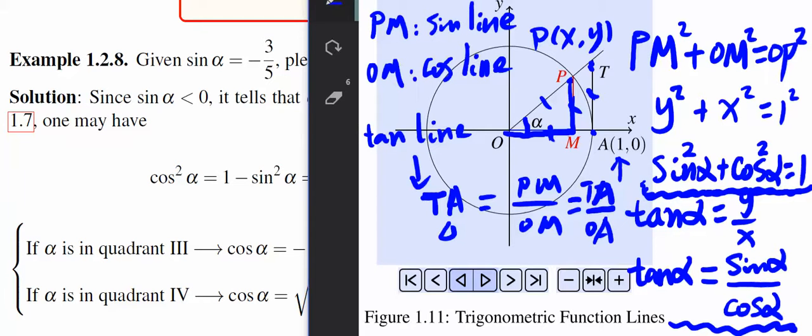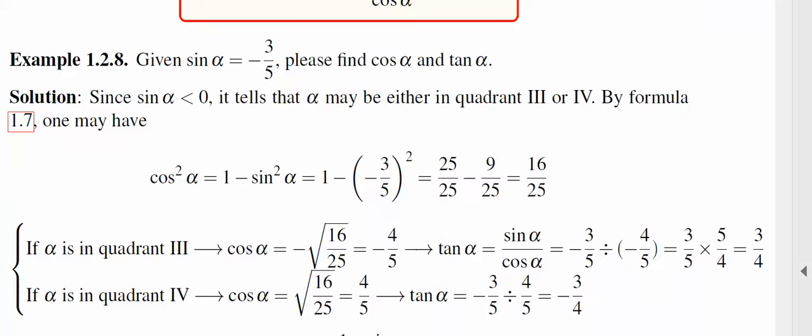In this case, we take sine squared alpha to the right-hand side. Then we have 1 minus the sine value, which is given as negative 3 over 5, squared. Then 1 is 25 over 25 minus 9 over 25, because negative 3 squared is 9 and 5 squared is 25.